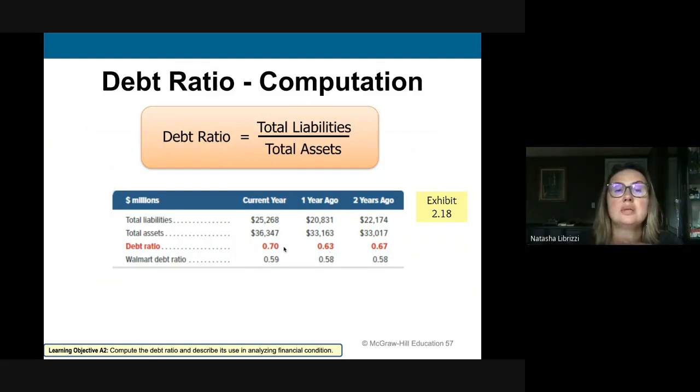So this particular company, compared to Walmart, has a higher debt ratio, so they have a higher probability of risk. It also means they have 70 cents of total liability for each dollar of asset they have. So if that number goes above 1, that means you have more liabilities than assets. That could be a problem.